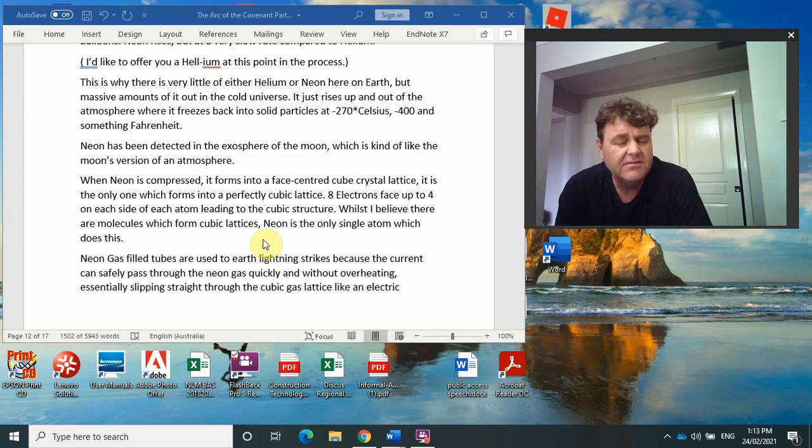I believe, I didn't go into it, but I believe there are molecules that have been created or that exist that will form cubic lattices, but neon is the only single atomic particle which can do that.